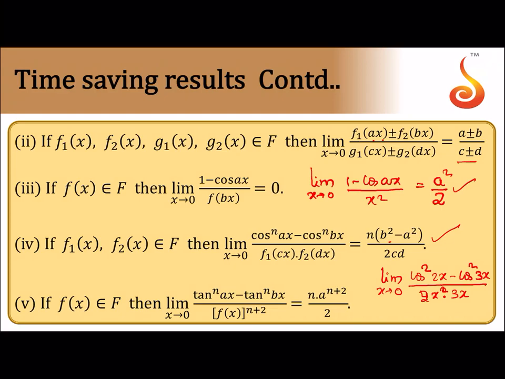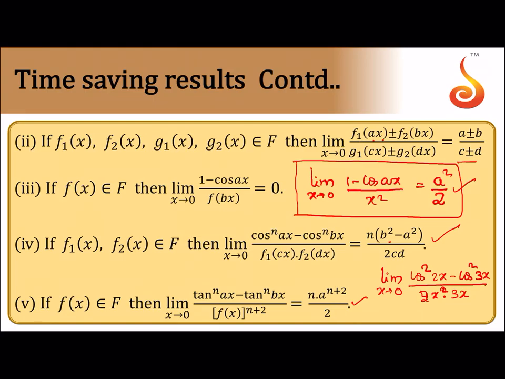So this becomes the same formula you can apply. n will give you 2, b is nothing but 3, a is nothing but 2, and f1(cx) and f2(dx) are nothing but 2x and 3x. You can directly apply as I did here.